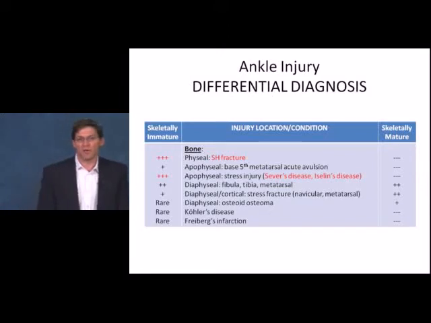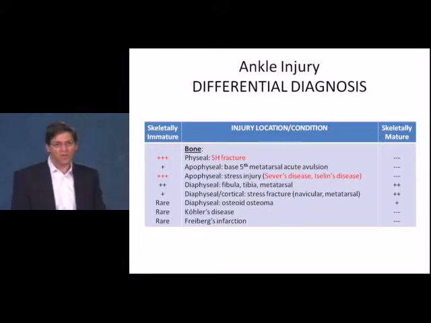When considering the ankle injury, common causes are going to be broken down by skeletally immature or skeletally mature. You can take a very simplistic approach to this and try to figure out the localization of the injury, whether it be bone, tendon, or ligament. Looking here at a little table that I won't read fully for you, you can see the most common things, whether they be skeletally immature or skeletally mature.